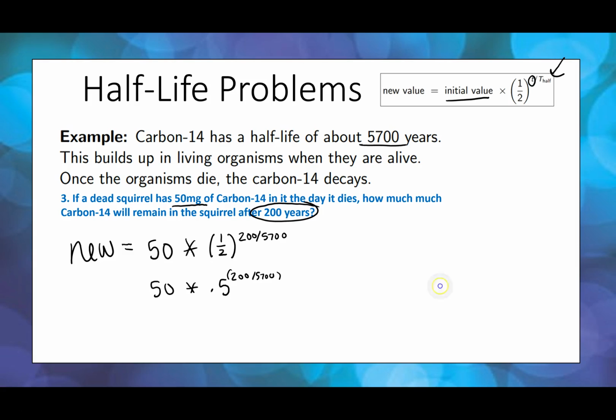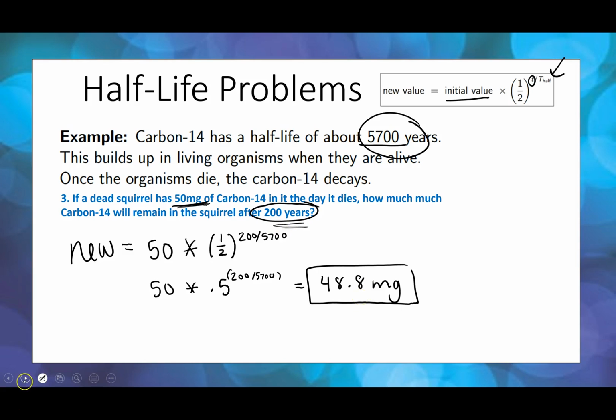I get 48.8 milligrams, which makes total sense, right? Because it takes 5,700 years to get to half. Well, half would be 25 milligrams, and since it's only been 200 years, it's not going down that much. So a little creepy to think about.